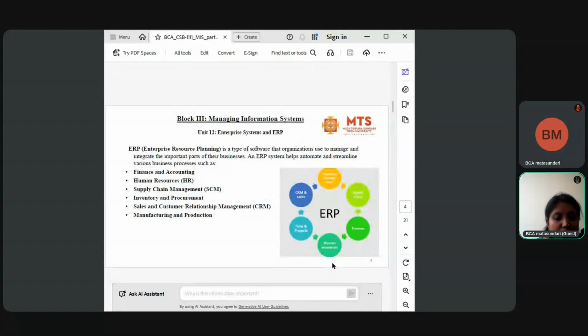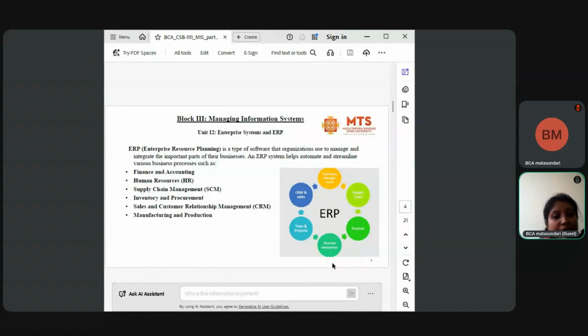Okay, so the slide is from unit 12, that is enterprise systems or ERP. Basically, an enterprise system is a type of software used to manage and integrate the important parts of a business.